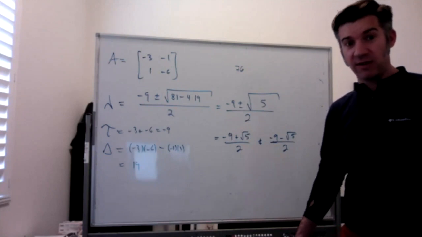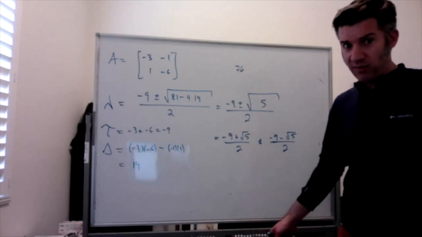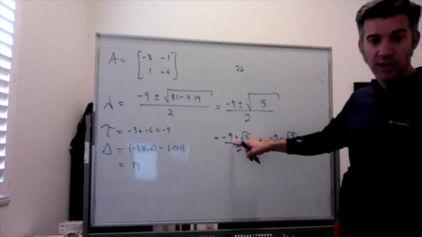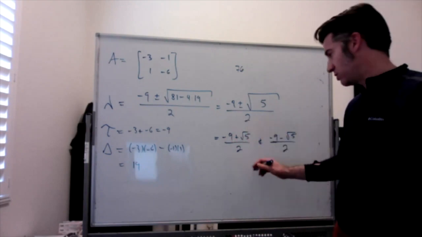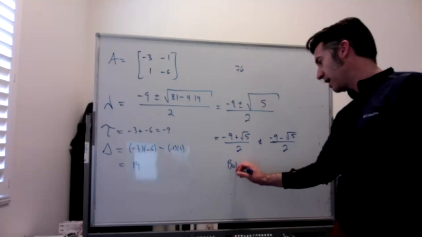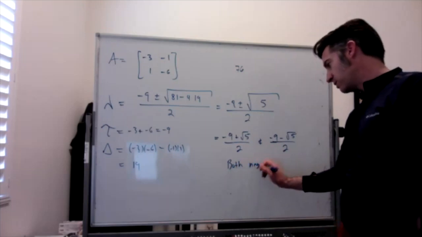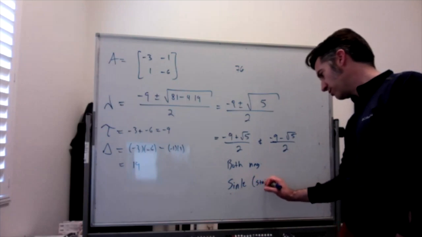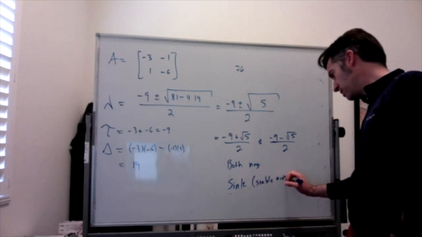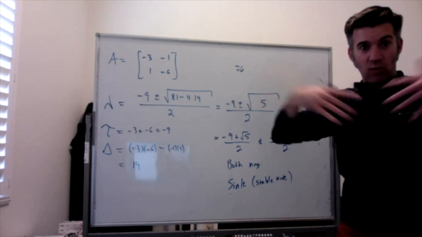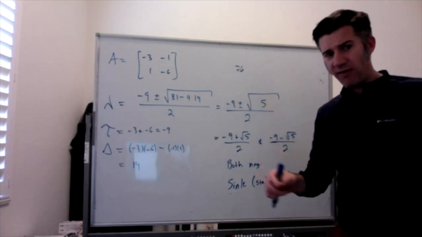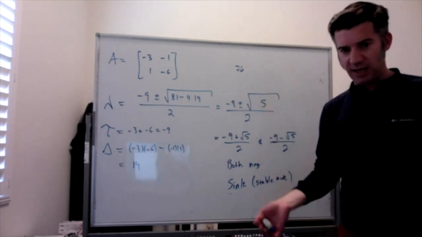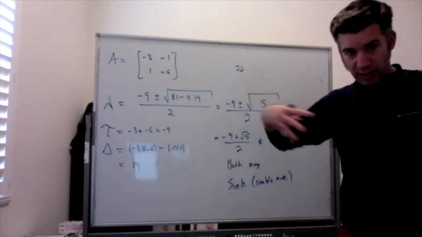The square root of 5 is definitely less than 9, it's around 2. So this one is also negative. They're both negative, which means we have a sink or a stable node, meaning that everything is pointing inward. I can graph it on p-plane, but I think you get the idea, I would just be showing you that all the arrows are pointing inwards.